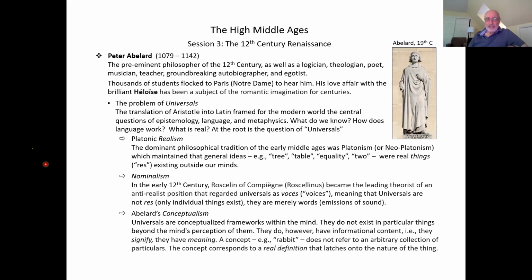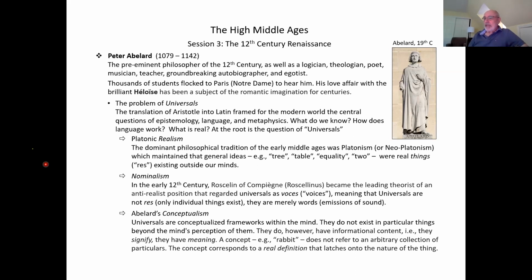Universals, and Aristotle was fairly closer to this version of things, are conceptualized frameworks within the mind. They do not exist in particular things beyond the mind's perception of them. So tree is something that exists in the mind. They do, however, have informational content. That is, they signify, they have meaning. A concept, for example, rabbit, does not refer to an arbitrary collection of particulars.